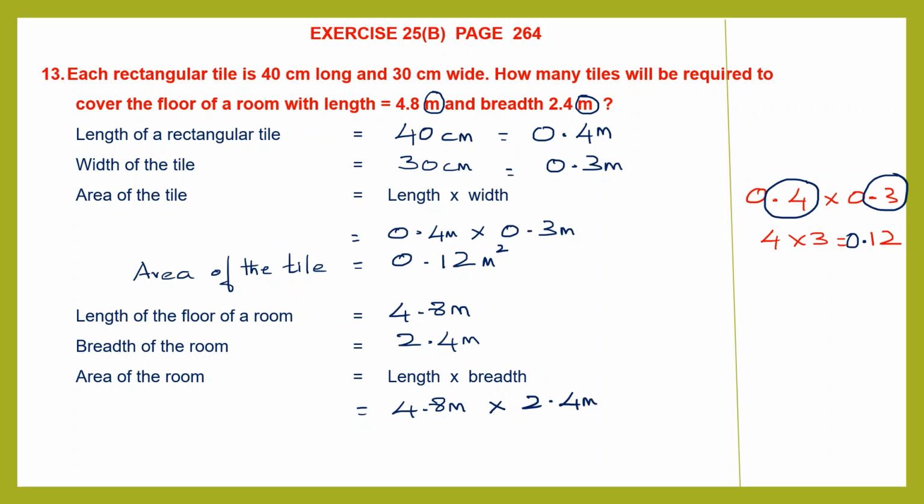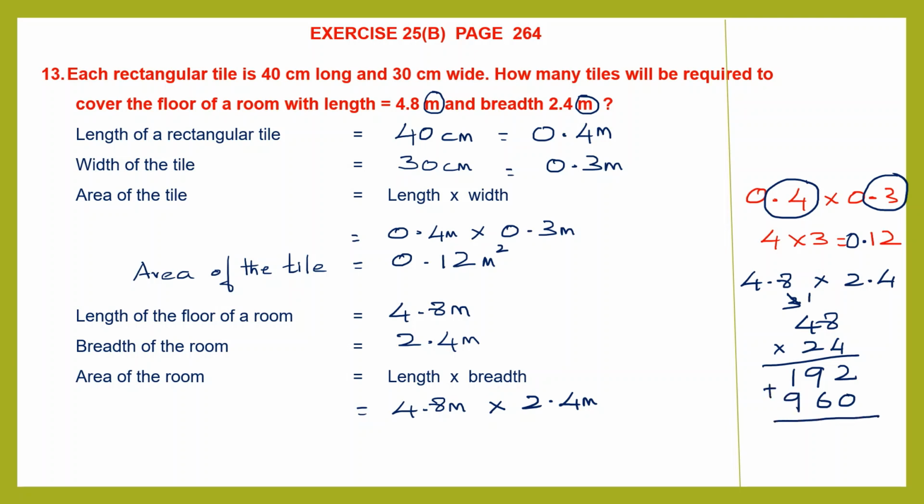So let's multiply 4.8 into 2.4, that is 48 into 24, ignoring the point. 4 8s are 32, carry 3. 4 4s are 16, 17, 18, 19. Second step, 2 8s are 16, carry 1. 2 4s are 8 plus 1, 9.